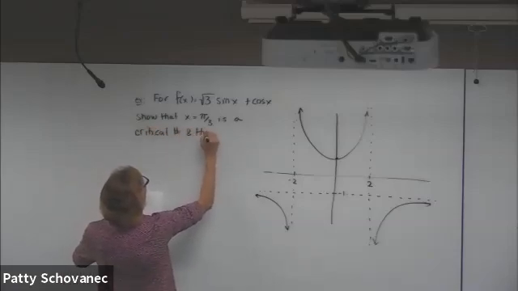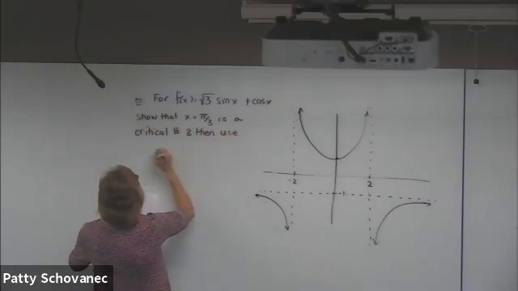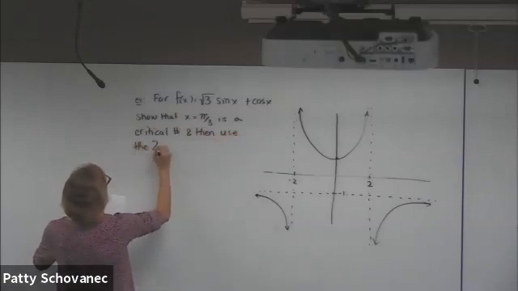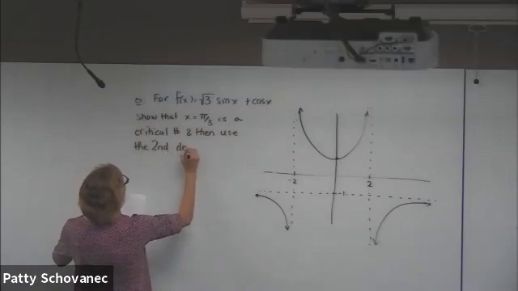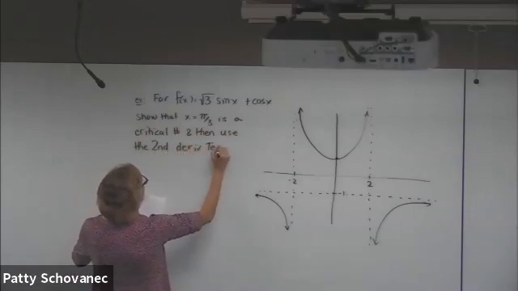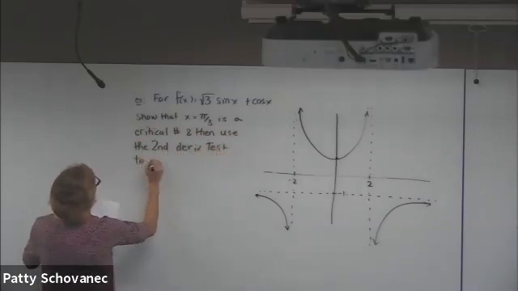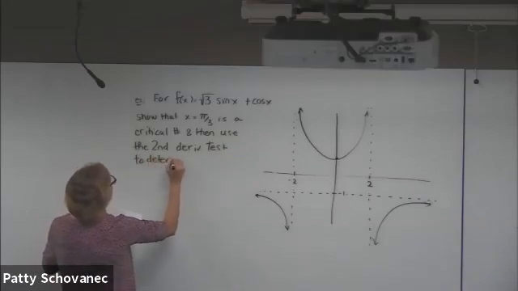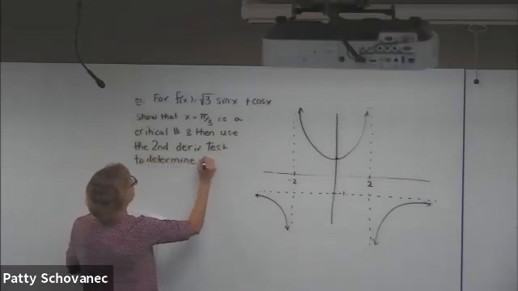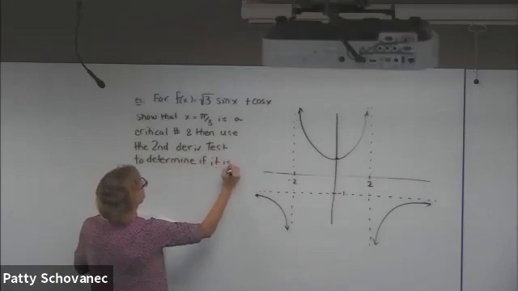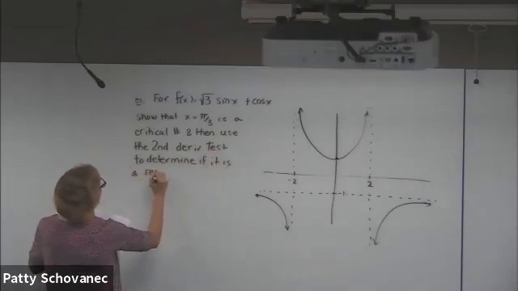And then use the second derivative test to determine if that critical number is a relative max or relative min.